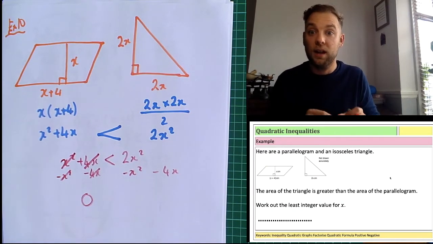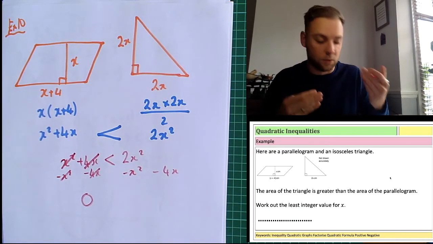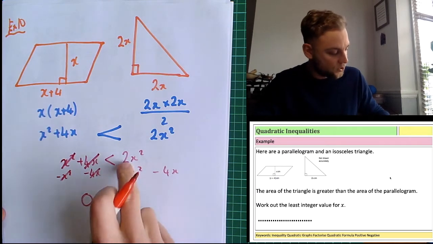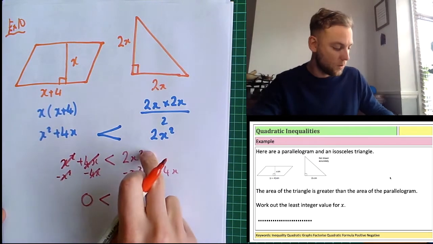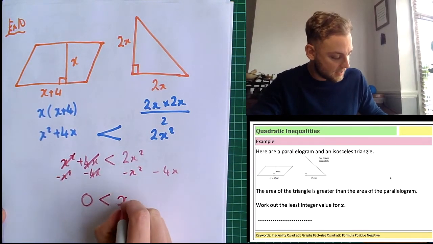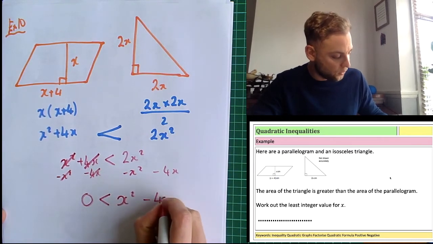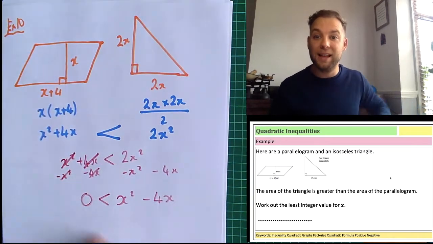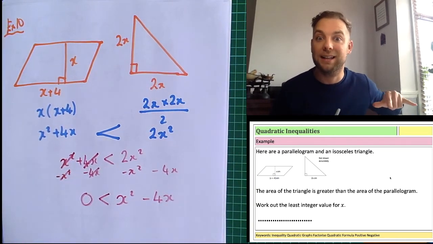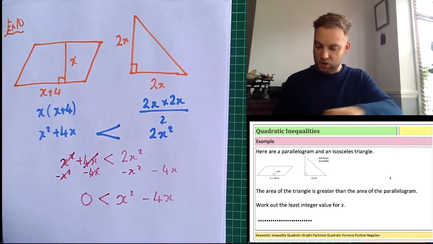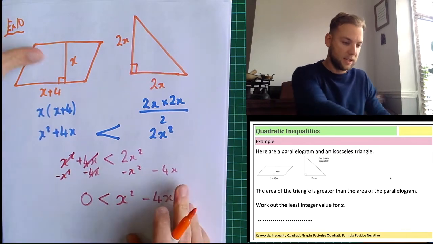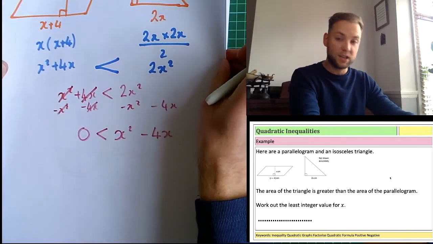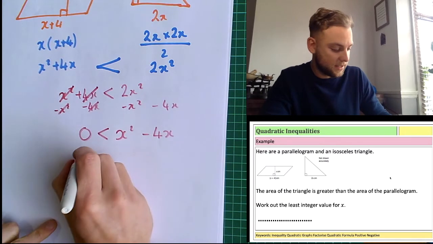I want it to be equal to 0 when it's a quadratic. 2x squared take away x squared is x squared minus the 4x, like so. So I've now created this inequality which I can solve. To solve this inequality, it is a quadratic, but it does factorize into a single bracket.